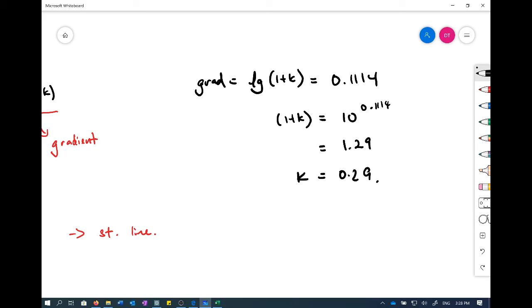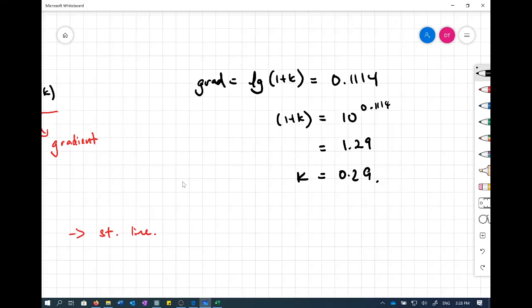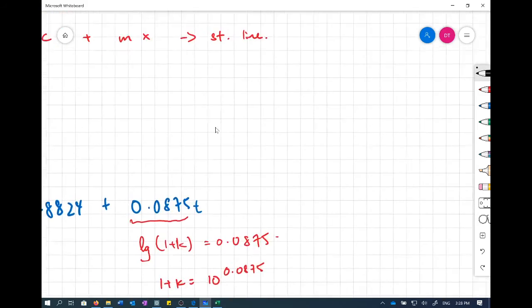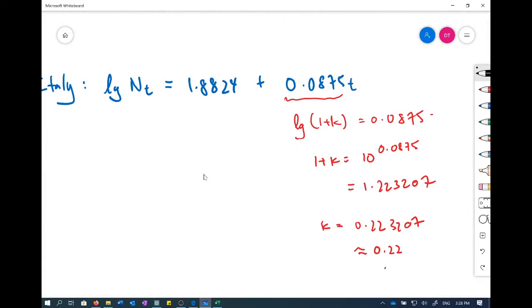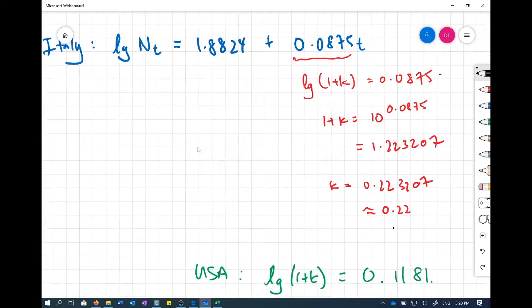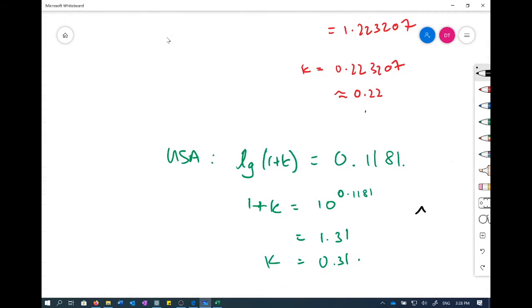So basically this is the average spread in the UK. That means on average every 100 people that are sick will spread to 29 new cases every day, and so day by day this will compound. Comparing this with our other countries, you can see that Italy is 0.22, lower, and the USA is 0.31, slightly higher.